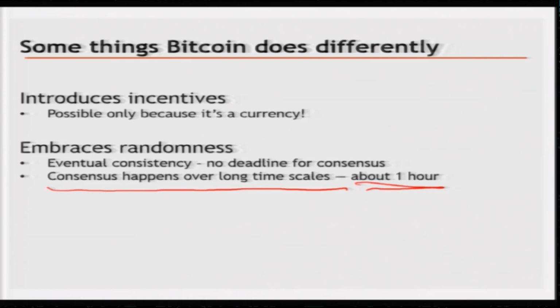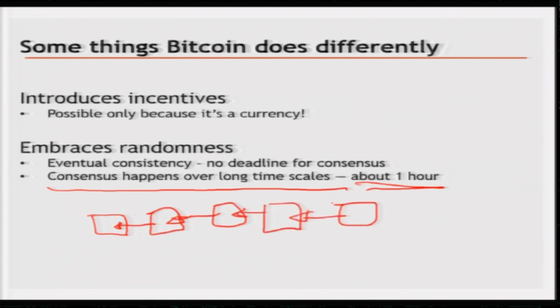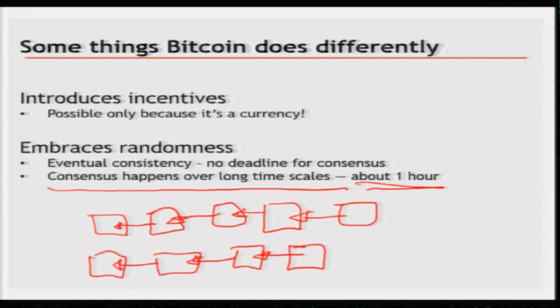And this is how we say this. So, let us say we have this blockchain up to this, and another replica also has a copy of the blockchain, and until then let us assume that they are identical.